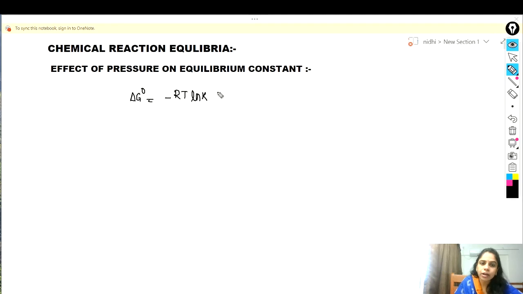And K is an equilibrium constant, which is given, if you have a simple reaction aA plus bB giving you products cC and dD. Small letters represent the stoichiometric coefficients and capital letters represent the components.